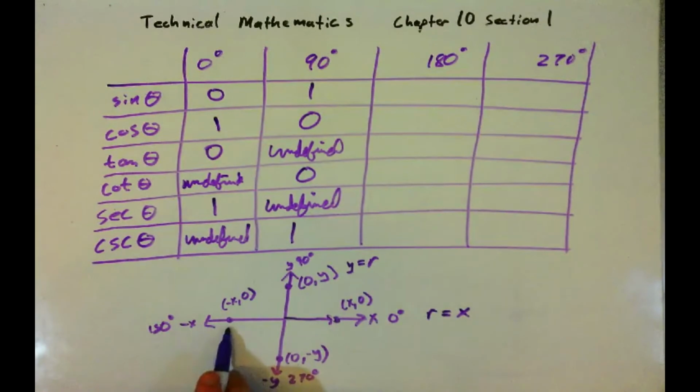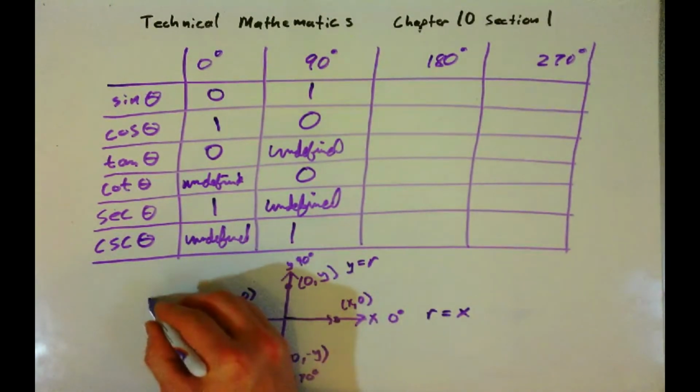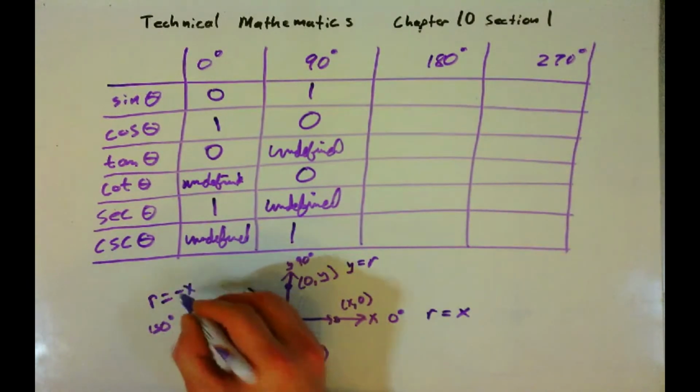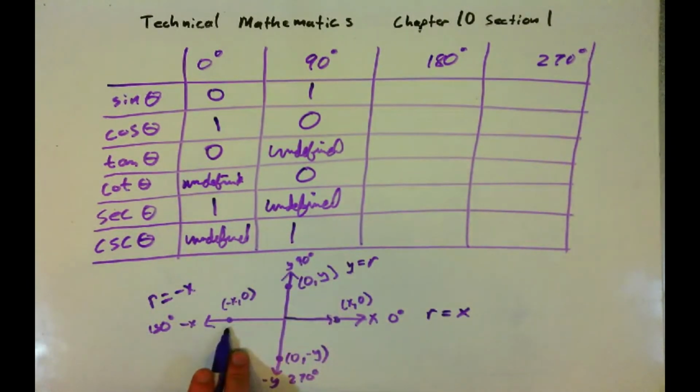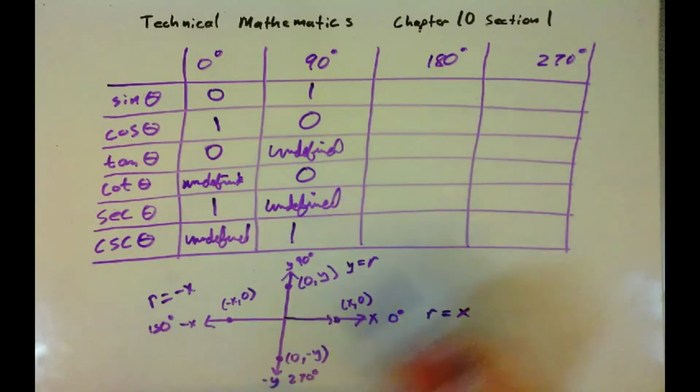Now at 180 degrees over here, the hypotenuse, r, is equal to negative x. Right, so x is some negative value, and the opposite of that negative value is a positive value. The hypotenuse will always be positive. So to say that r is equal to negative x, if x is negative, that means that r will be positive.